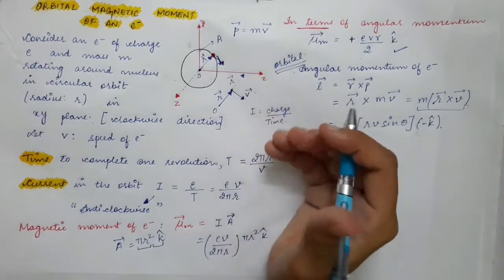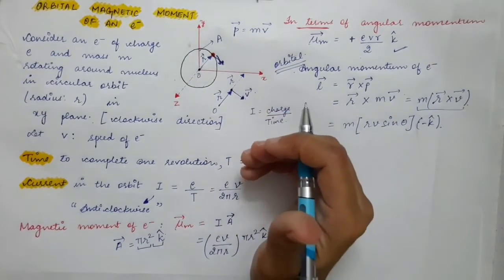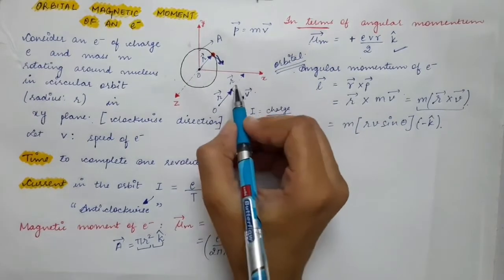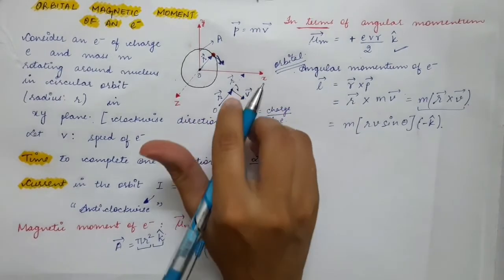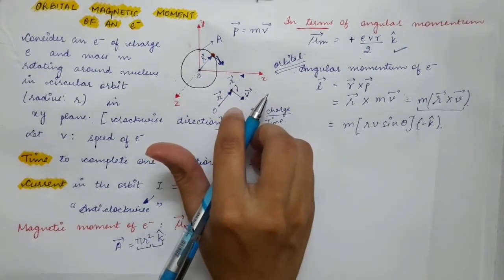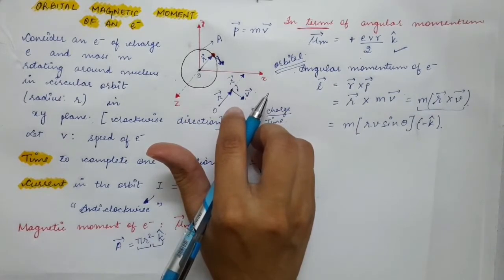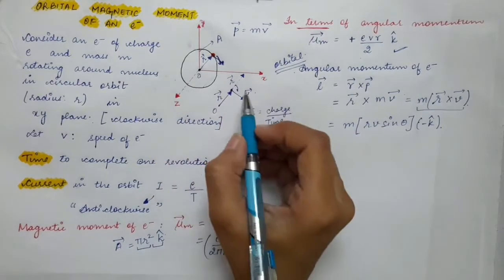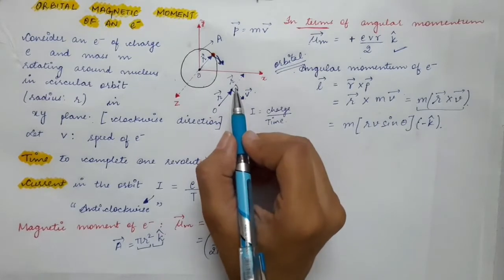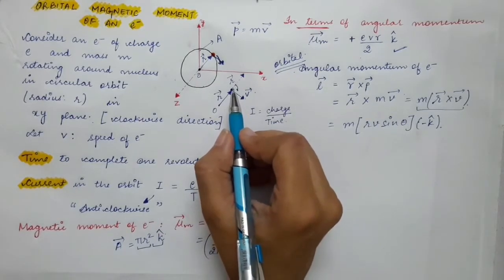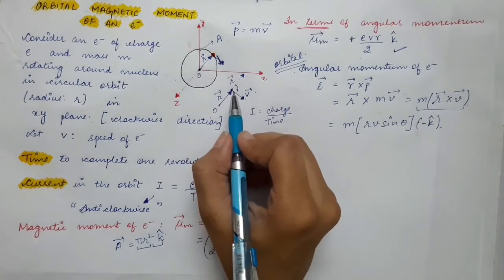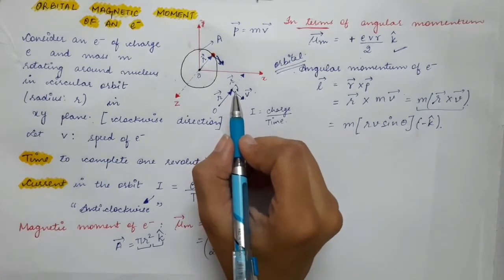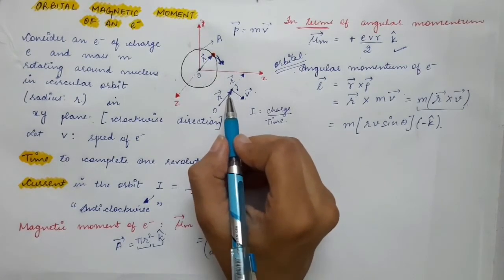So if you curl your fingers of the right hand from r vector towards v vector, then your thumb will be pointing in the minus k cap direction. So the thumb will be pointing in the minus k cap, means along the minus z axis direction.